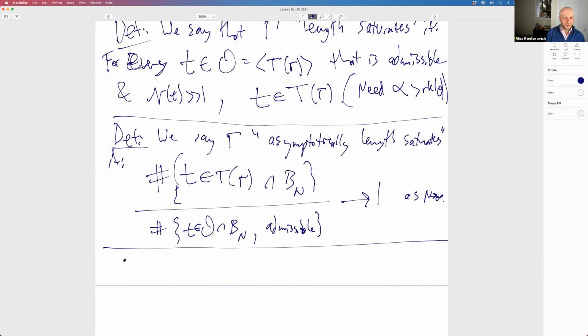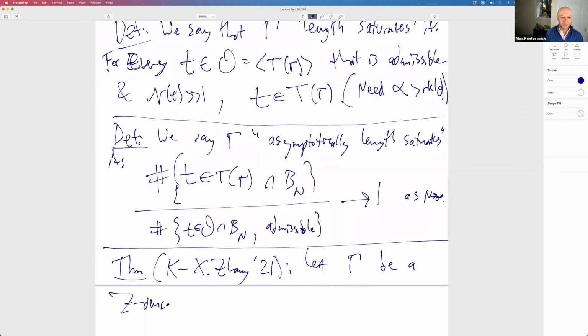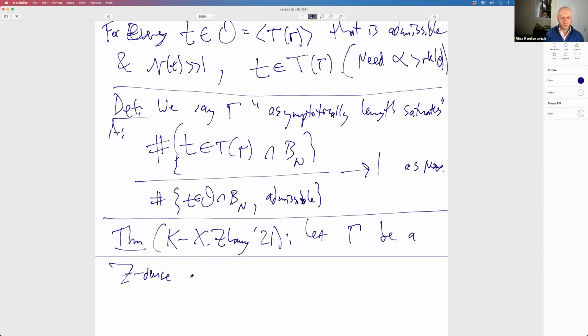So let me tell you a theorem. The first step towards understanding something like this is joint work with Xin Zhang, 21. It says the following: let gamma be a Zariski dense subgroup of the modular group, SL2Z or PSL2Z, and assume gamma has a parabolic element.